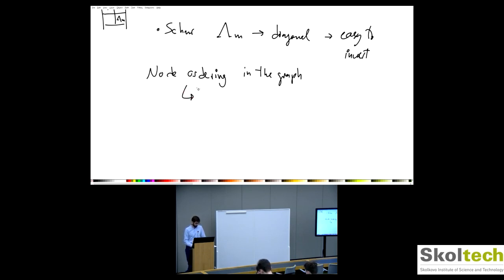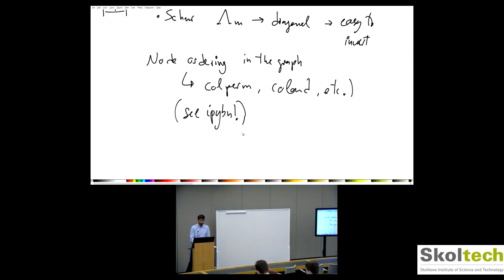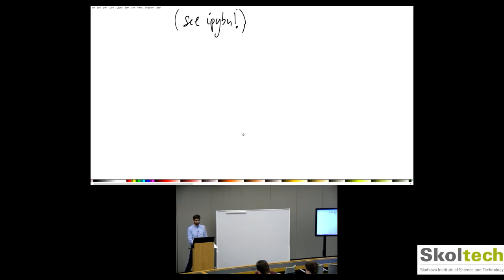Some of them are publications, like column permutations, etc. Okay, so again, see the Jupyter notebook. Last class is basically summarized not by these things, but actually you go there, you execute things, and you see how they perform. And I think this is the best way of seeing what it means to solve these systems efficiently.